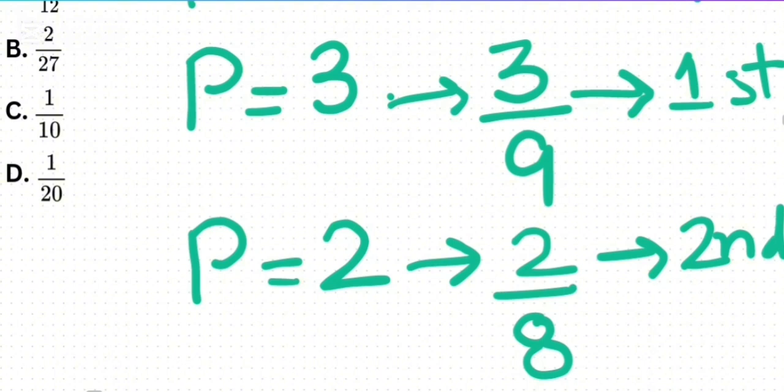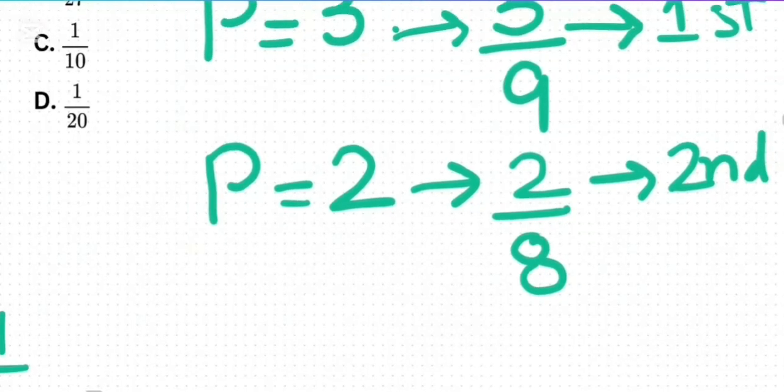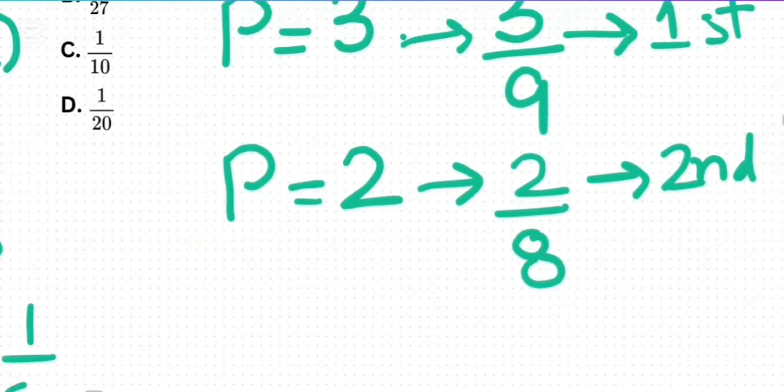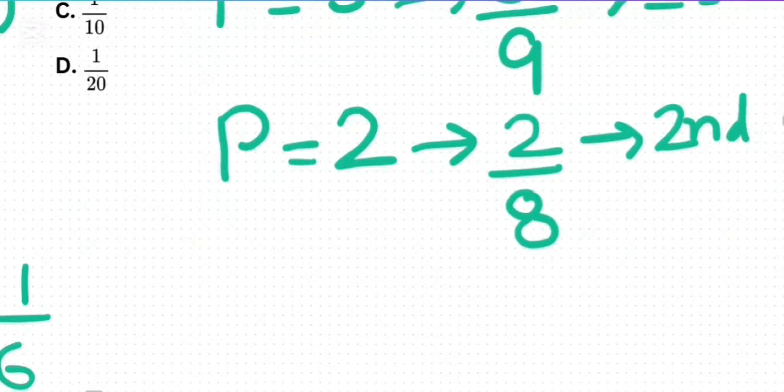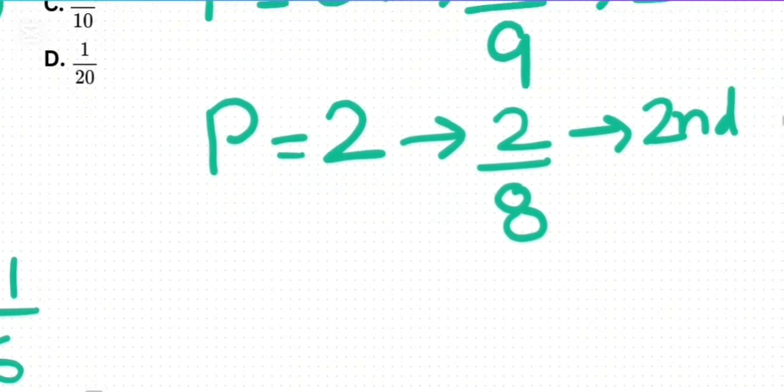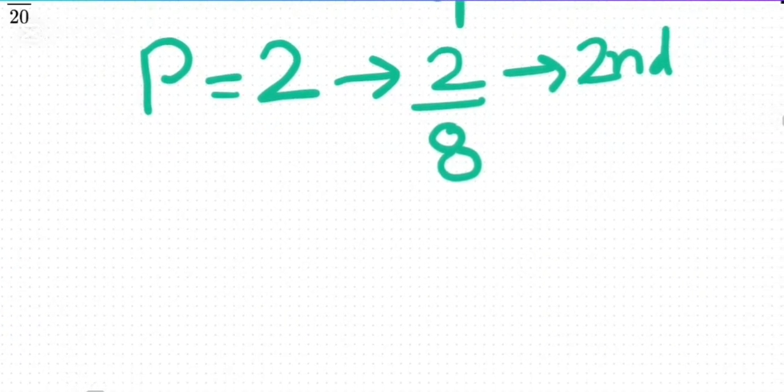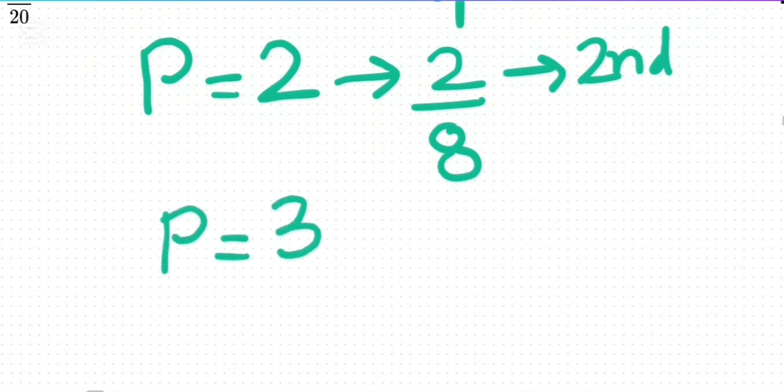So if you know the formula of probability, the probability of the first ball is 3 out of 9.